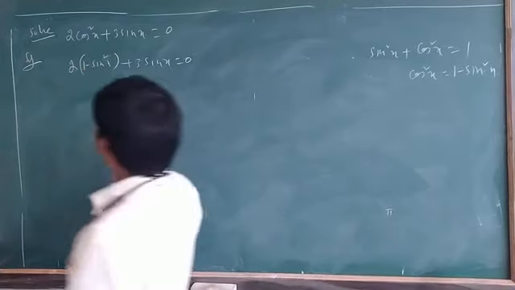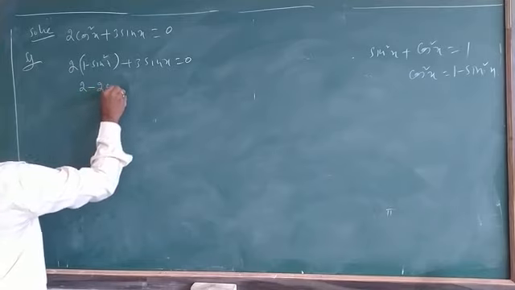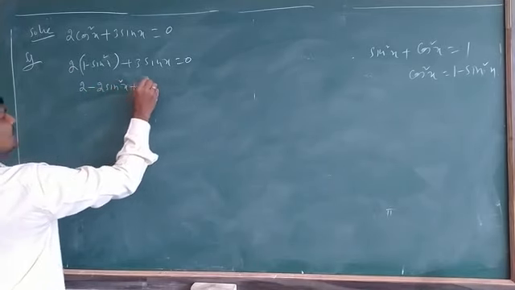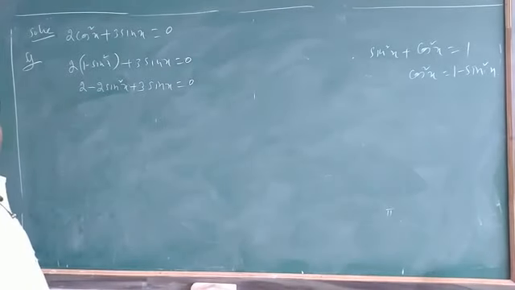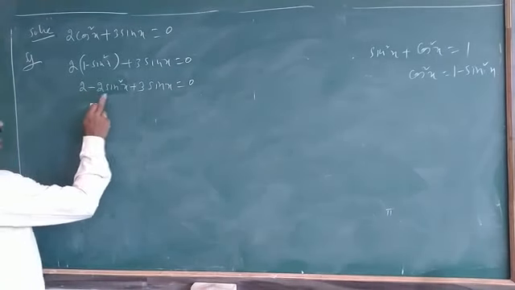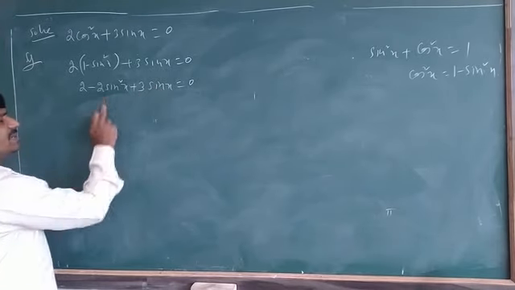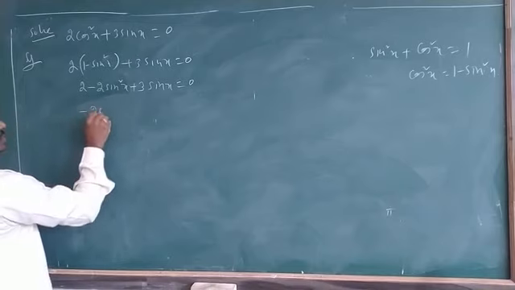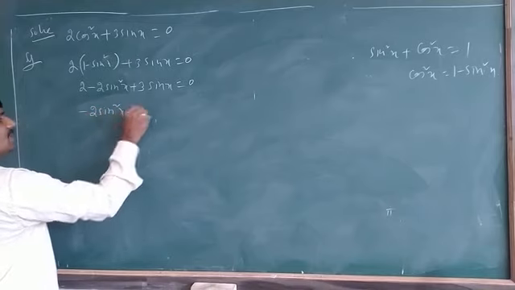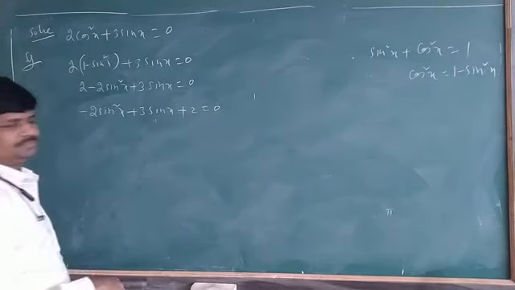Now simplify. 2 into 1 is 2, minus 2 sin square x plus 3 sin x is equal to 0. For our convenience, I am writing the square term first, then sin x, then the constant. Just see: minus 2 sin square x plus 3 sin x plus 2 equal to 0.